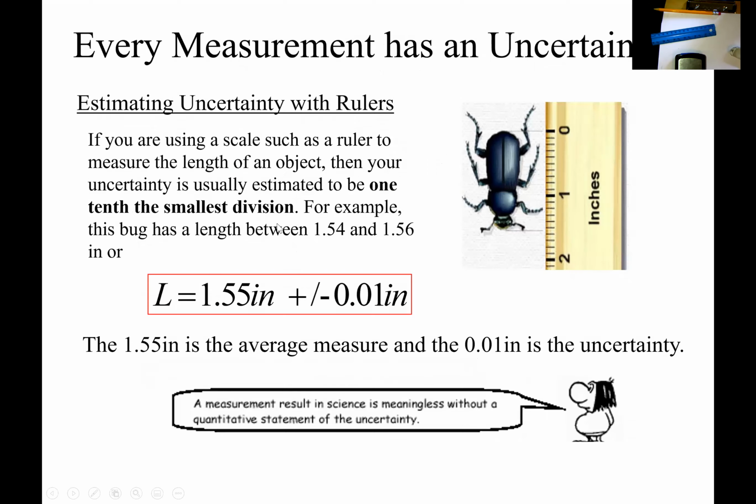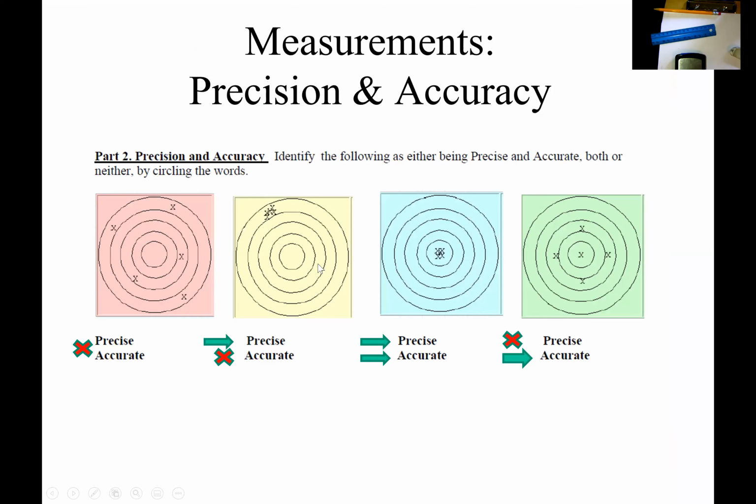Let me go back in the slide to these. So for the last diagram, the average of all these is dead in the center, right? But the deviation is how far each one of these data points is from the average, right?